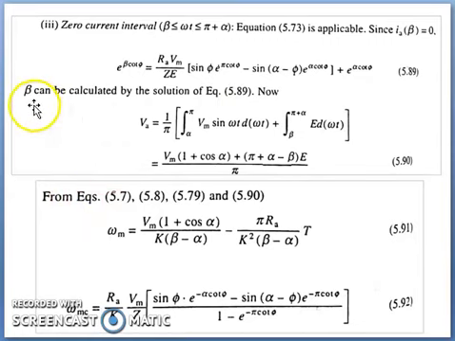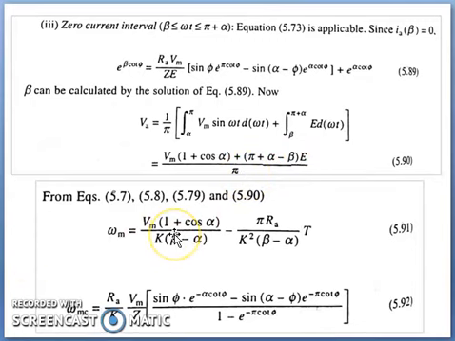By substituting this beta, we obtain Va, and when we solve this integration, we get Va equal to Vm by pi times (1 plus cos alpha) plus (pi plus alpha minus beta) times E divided by pi.